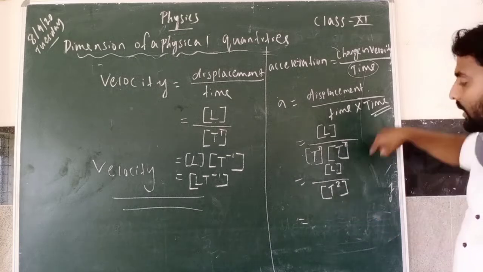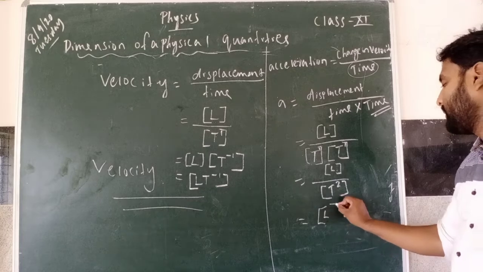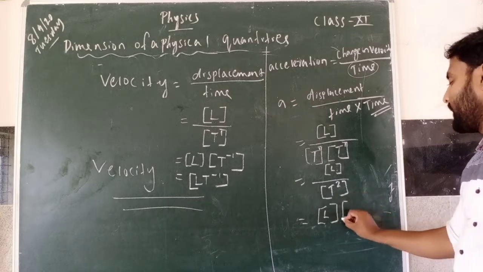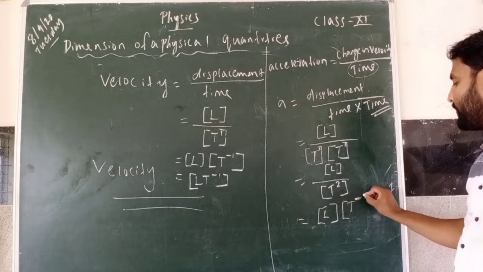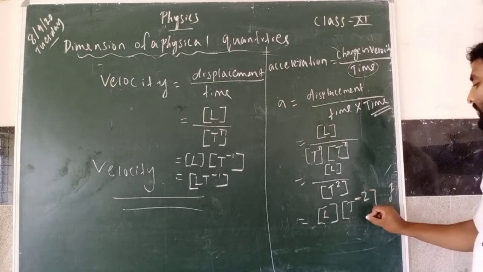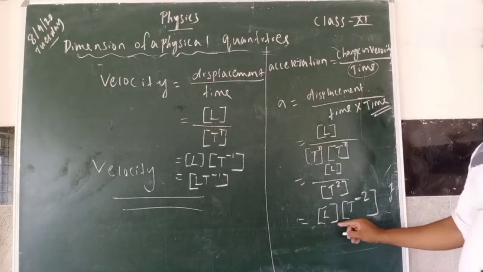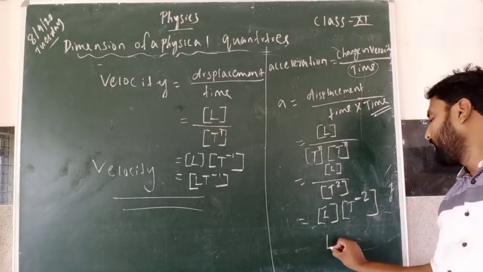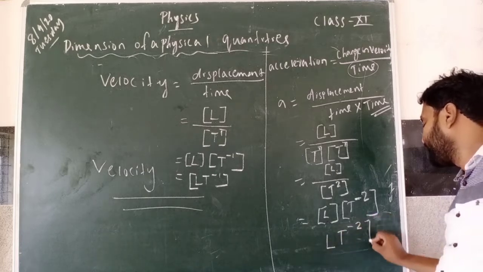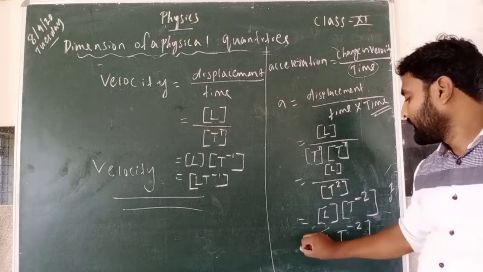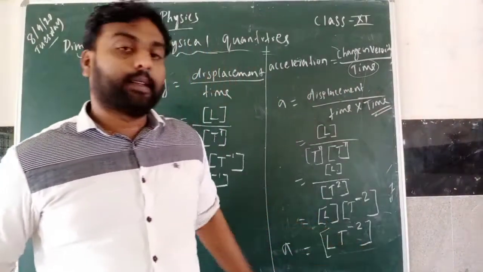Now take this T square upside, so what will come? L T square, when it goes up, minus 2. So you can write the dimensional formula in a single bracket as L T power minus 2. So this is the dimensional formula for acceleration.